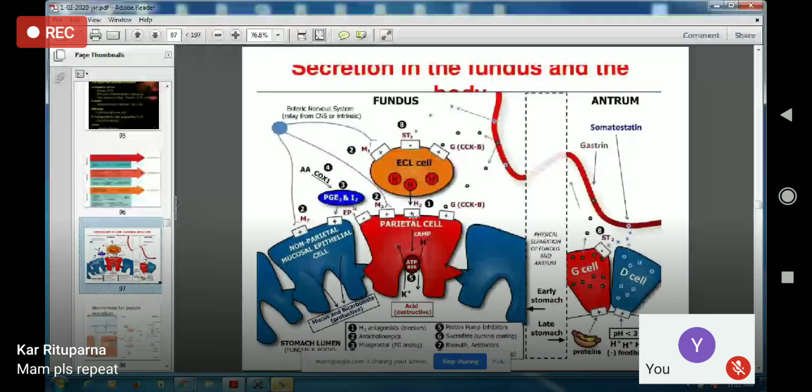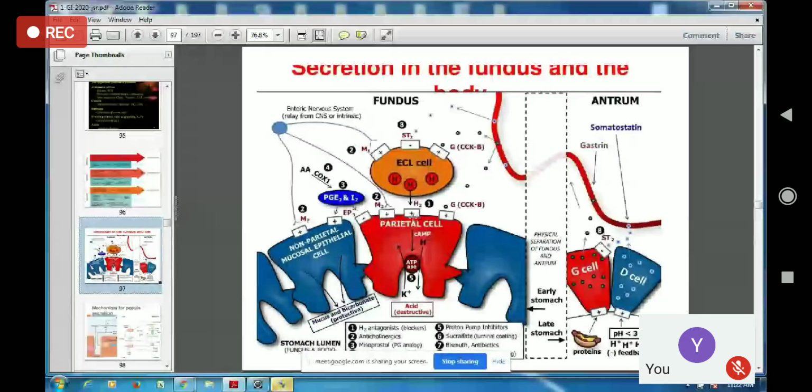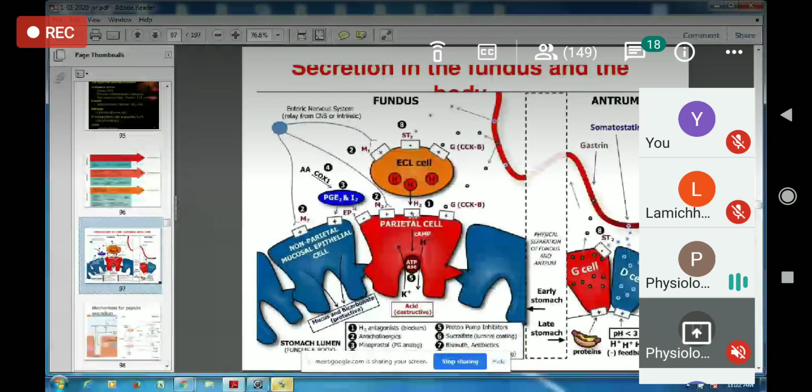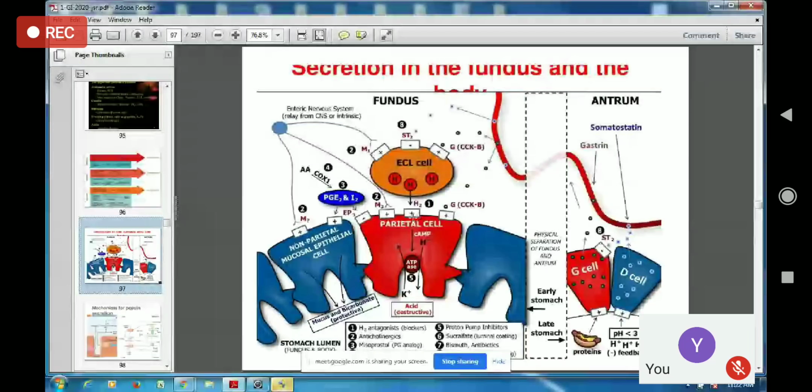Similarly, in the neural regulation that we studied, when there is parasympathetic stimulation, it acts through the vagus nerve, which releases acetylcholine. That is the vagus nerve parasympathetic stimulation through the muscarinic receptor.